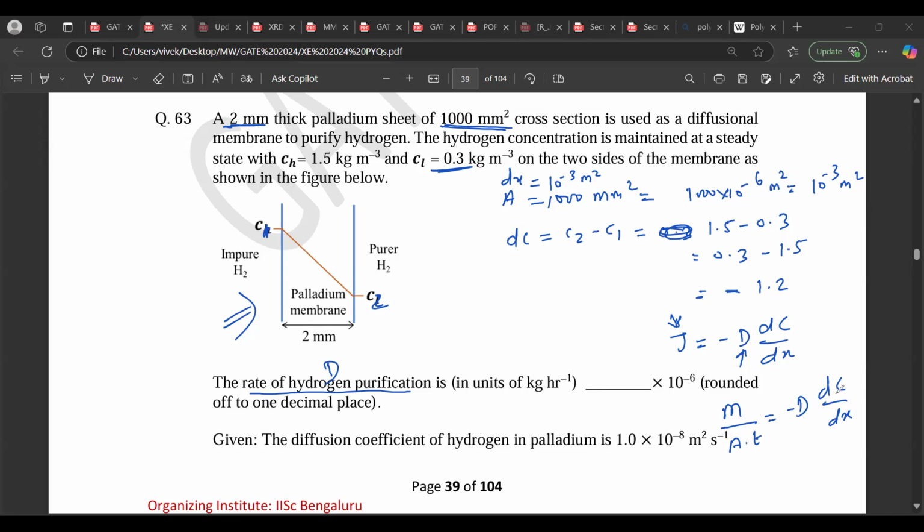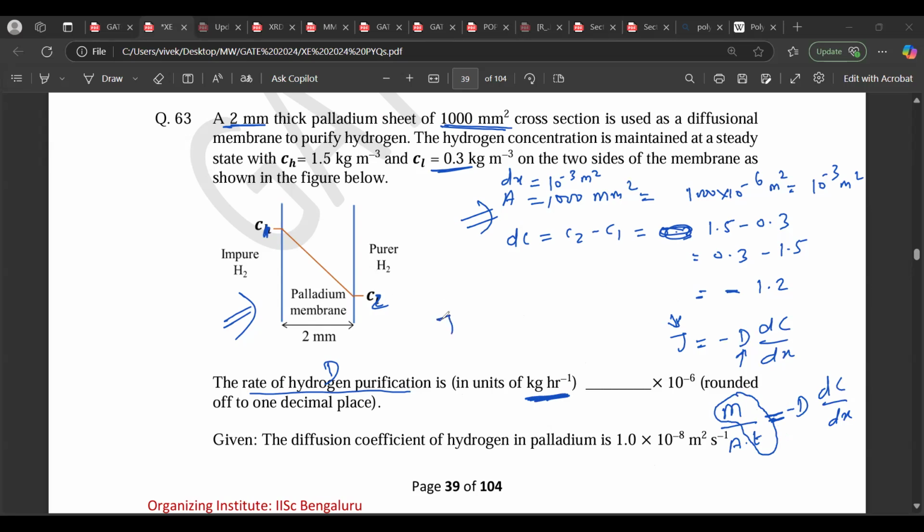Now, if you see carefully, they are asking in kg per hour, and area is already given. What does that mean? They want to calculate the kg per hour flux rate, J.